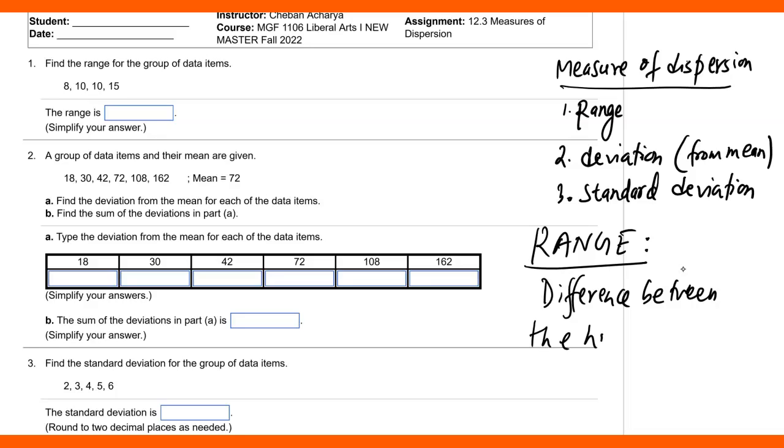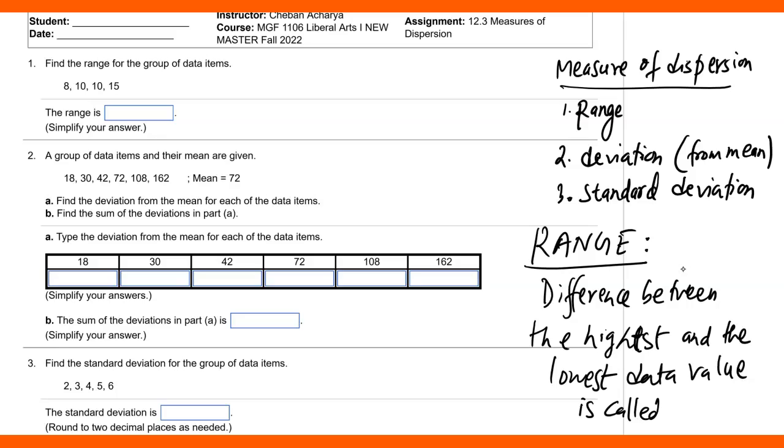The highest and the lowest data value is called range. Therefore, to find the range, you just subtract the highest data value minus the smallest data value.